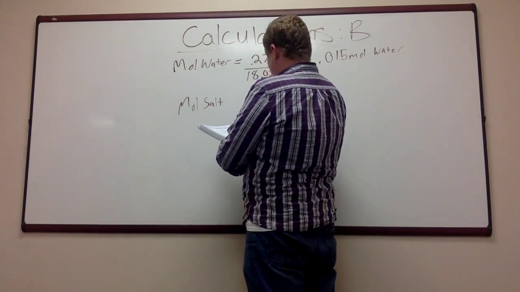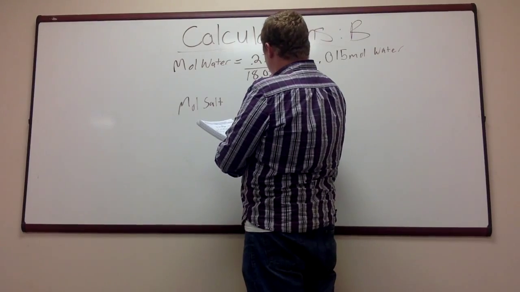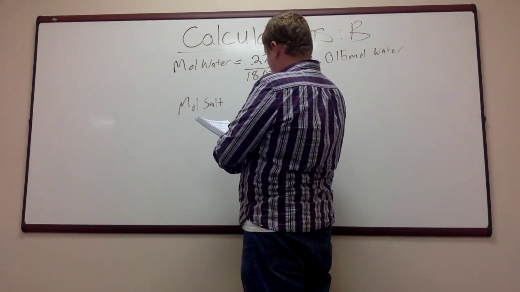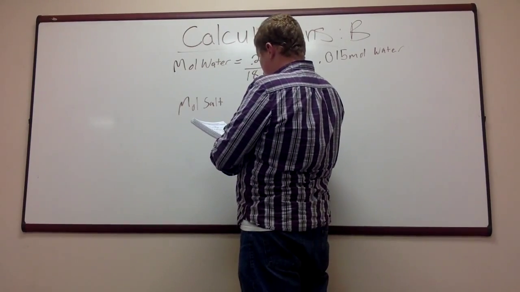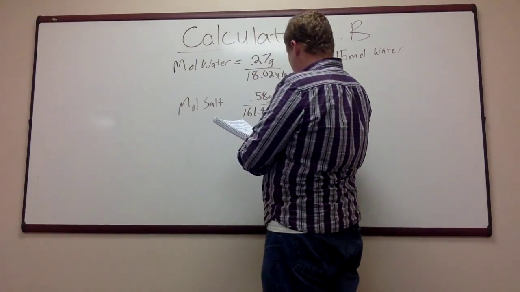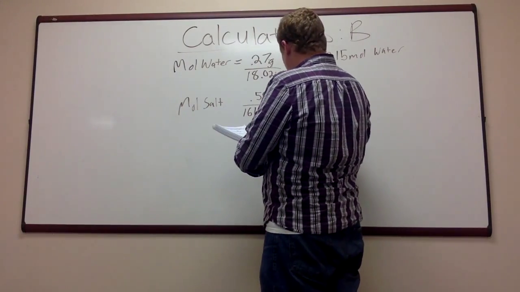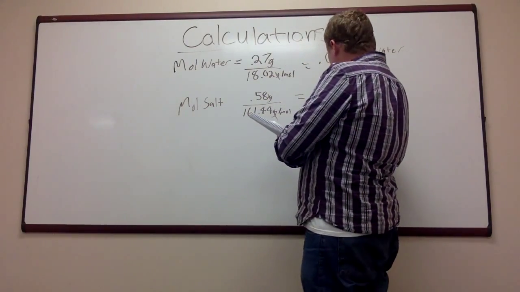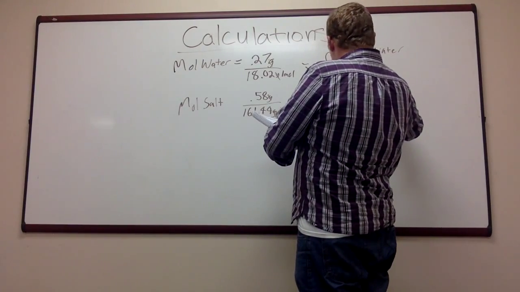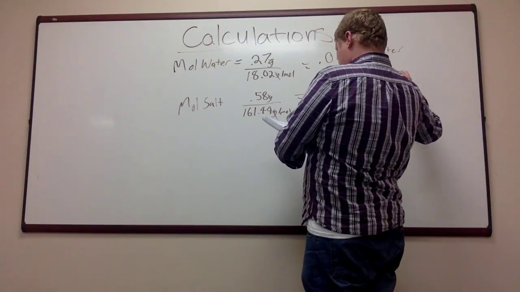Then to find your moles of salt, you take the mass of the salt present, which is 0.58 grams, divided by the molar mass of your salt, which is 161.44 grams per mole. Once again, grams cancel out, and you have 0.0036 moles of salt.